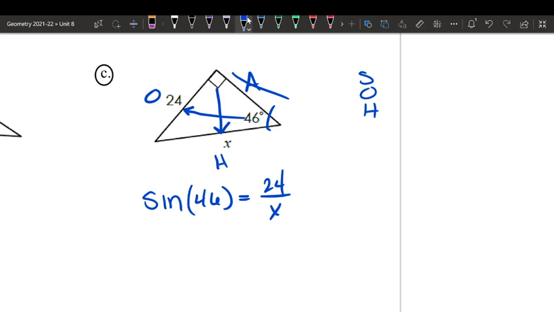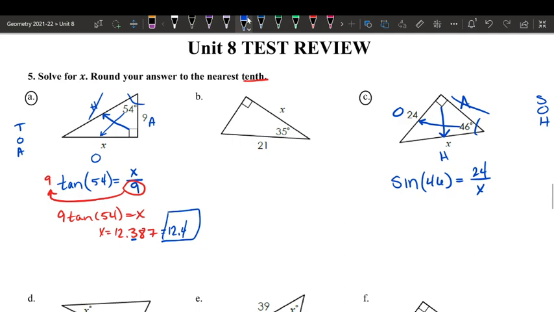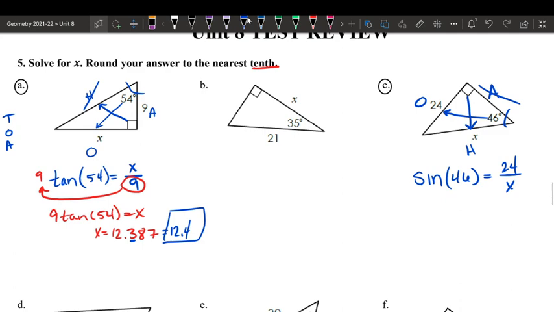So this one looks different than the last one, the way after you get it set up. In the last problem, I had a number in the denominator and X in the numerator. This one I have X in the denominator and a number in the numerator. So the short version of what you're going to do when X is in the denominator is that it's going to trade places with the trig function.